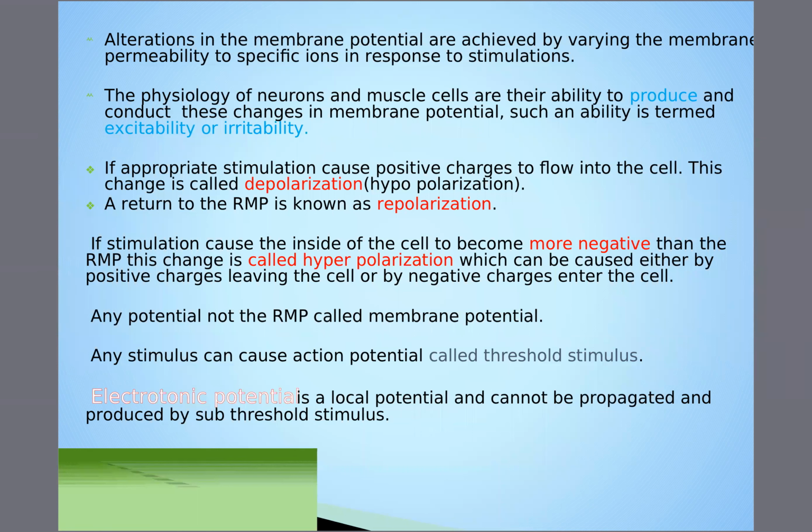Any stimulus that can cause an action potential is called a threshold stimulus. Without reaching the threshold firing level, all the cells and nerves remain at the resting membrane potential.